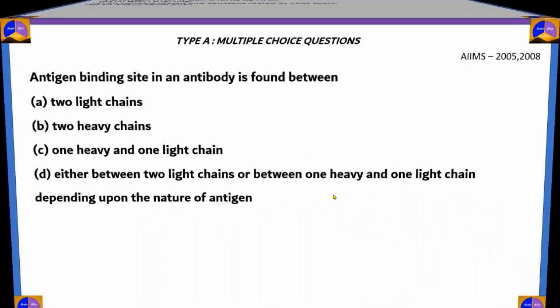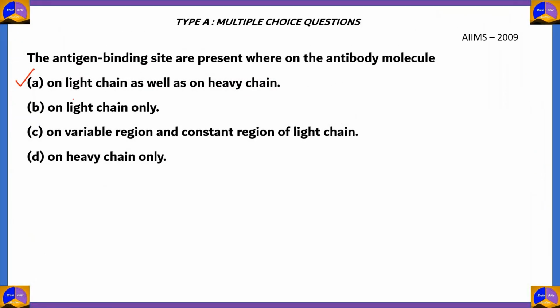That's where the antigen binds. So option A, on light chain as well as on heavy chain, is the right answer. On light chain only, on variable region and constant region, on heavy chain only is all incorrect. The right answer is option A, and that we found out because of the structure that we drew on the previous question.